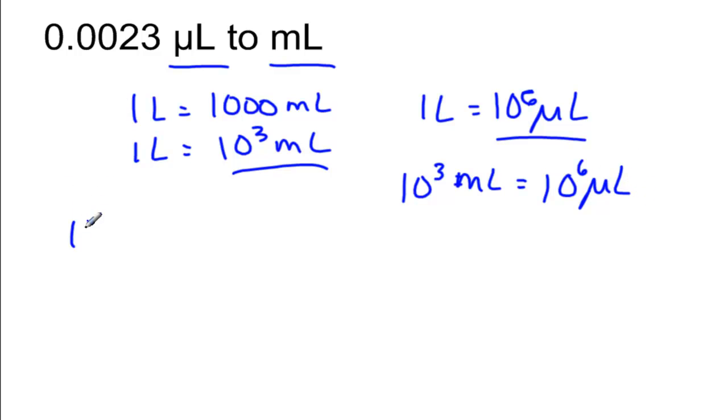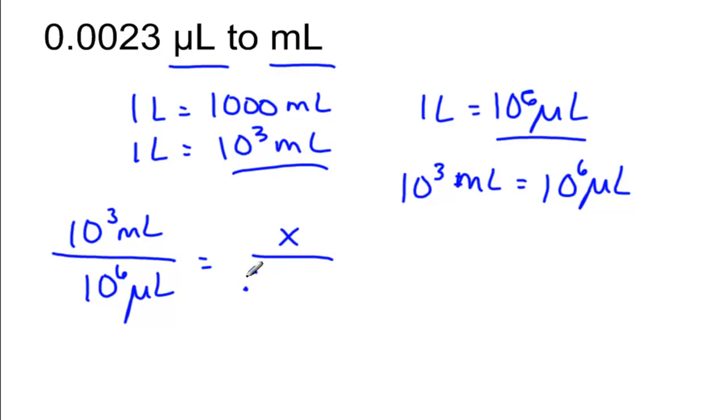So I can use that as my fraction: 10 to the 3rd milliliters over 10 to the 6th microliters. We have micro here, and I'm going to write that in scientific notation, 2.3 times 10 to the negative 3 microliters.